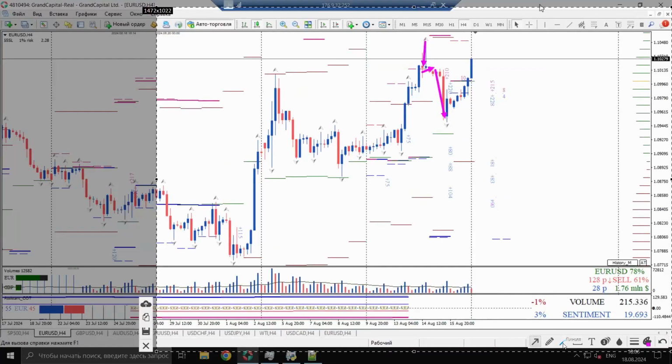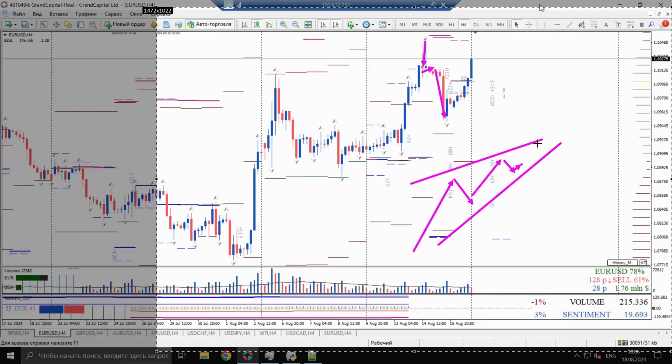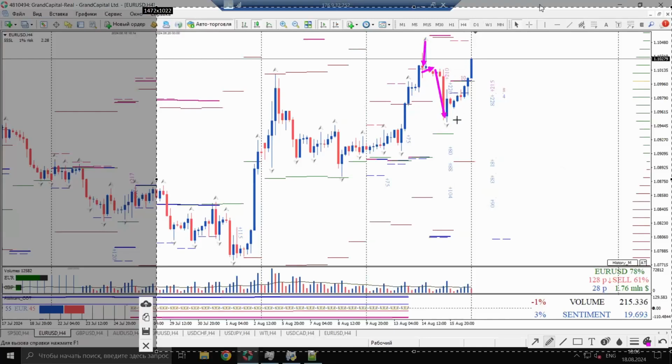We don't know whether the correction has already ended and growth is continuing, or if the correction will be deep enough before growth resumes. In initial diagonal triangles, it happens very often that there are very small corrections. However, in our case, there is one small but.